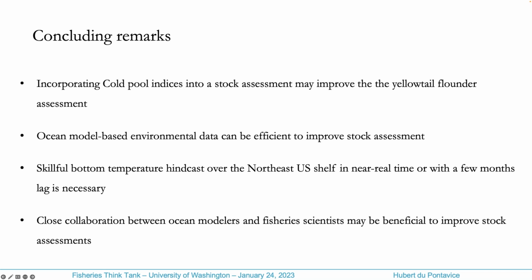However, skillful temperature hindcast over the Northeast shelf in near real time or with a few months lag is necessary to be able to incorporate environmental data into stock assessments operationally. And finally, I would like to conclude this presentation by underlining that close collaboration between ocean modelers and fisheries scientists may be very beneficial to improve stock assessments.